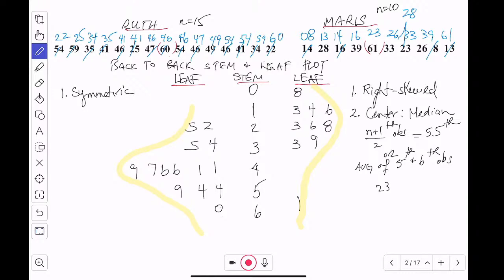So that's 23 plus 26 divided by 2. Remember, for right skewed data, or for skewed data, we don't use the average, we use the median.